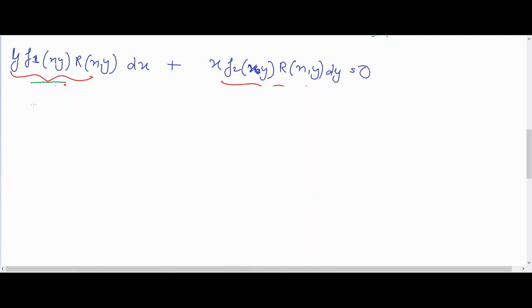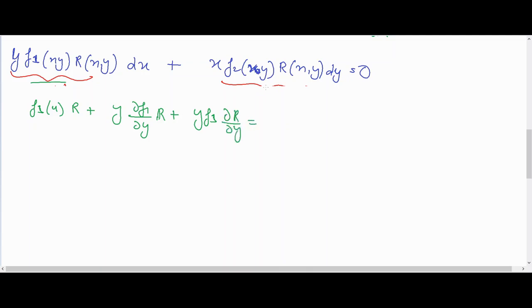So we will get different terms. We will get f1 of u times r, plus we will get y times del f1 by del y times r, then plus y f1 times del r by del y.